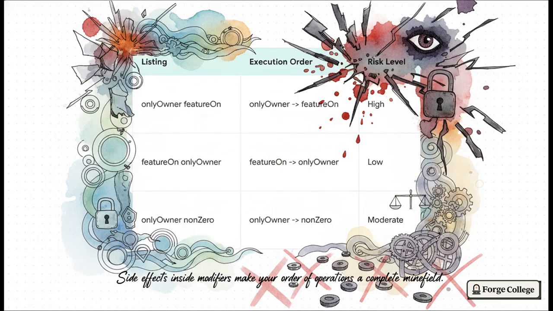The first modifier mutates the state before passing you to the second, creating absolute chaos for your control flow. The feature check will pass even if it was originally supposed to be off, simply because the owner check flipped the switch first. Now, the second scenario is low risk because feature on doesn't mutate anything, and the third scenario is moderate risk. The bottom line, baking side effects into modifiers turns your order of operations into a complete minefield.